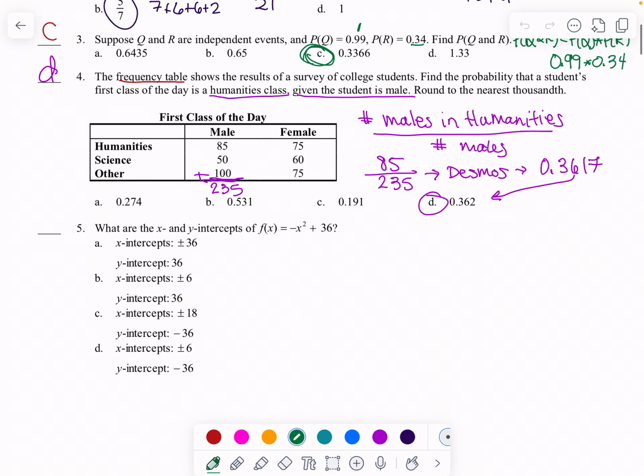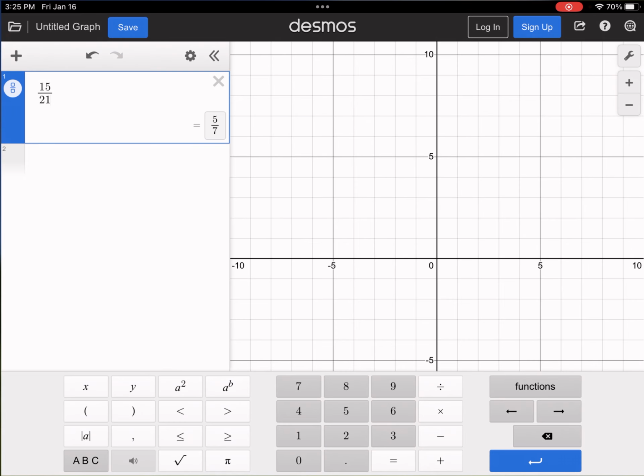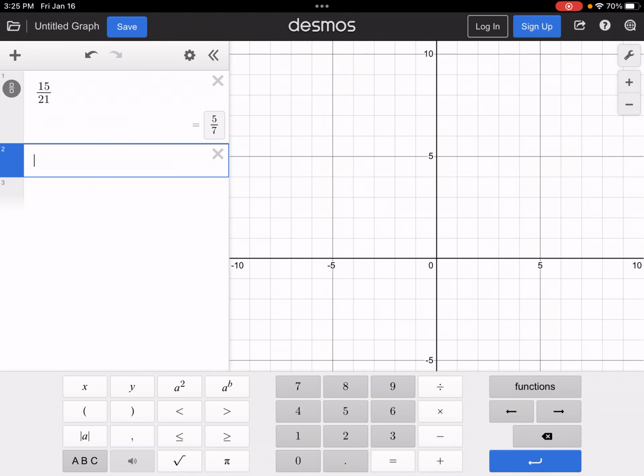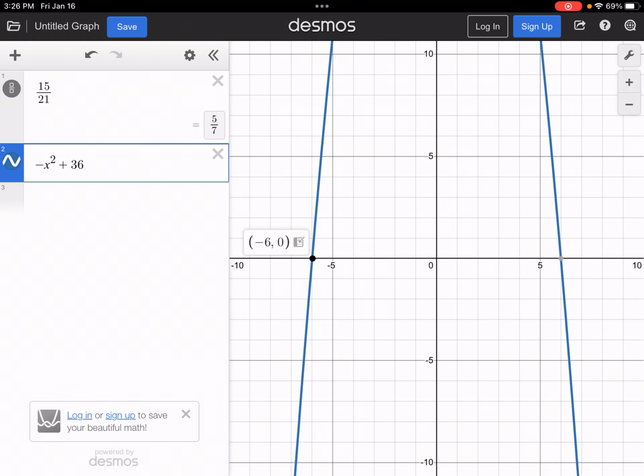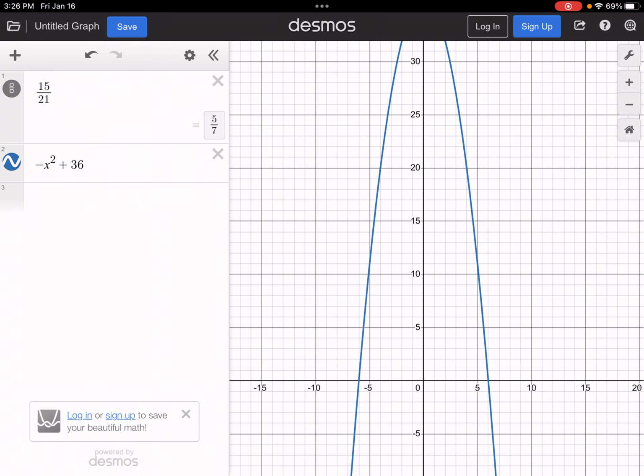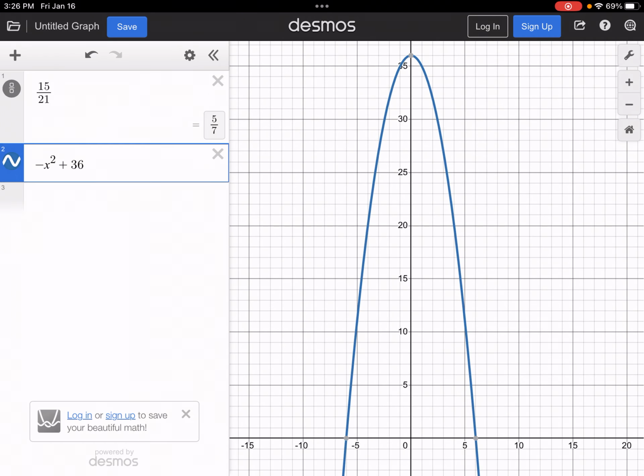And then right here, this one I would recommend to graph in Desmos. So you're going to go into Desmos and type in negative x squared plus 36. And I can see that the two places that they cross are negative 6 and positive 6. And I can tell the number up here would be 36, right?